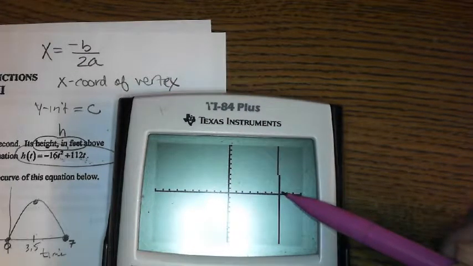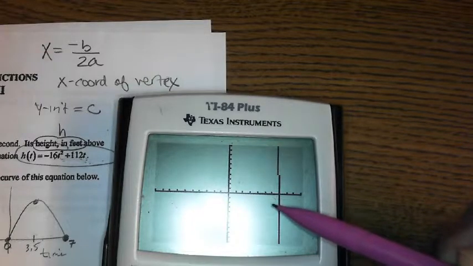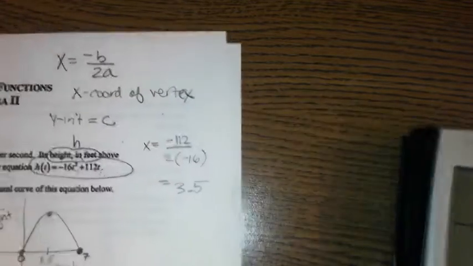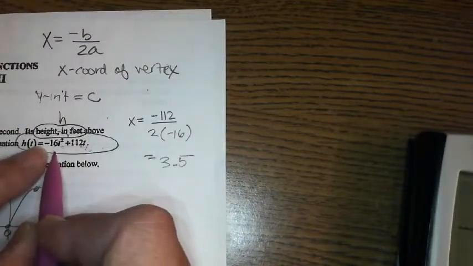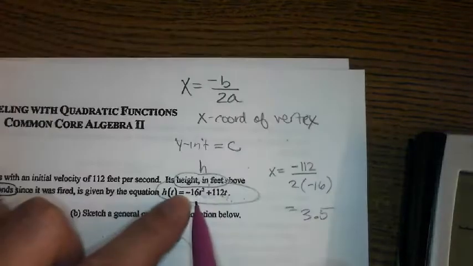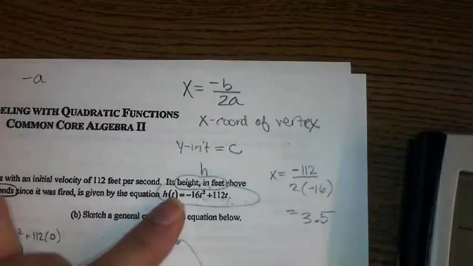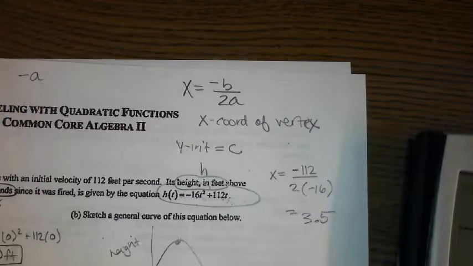Now, what I'm missing is the vertex. And the vertex, the zeros and the vertex are the three things you want to see the most. Okay? Tell me what you know about the a value. When a is negative, if you have a negative a value, what does that mean about the way your parabola opens? Does it open up or open down?